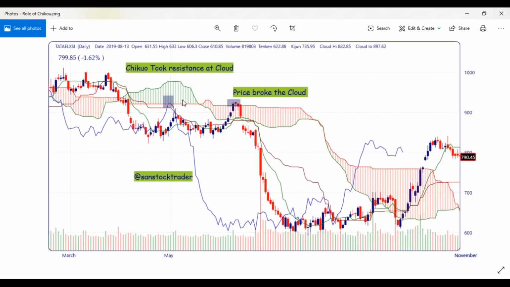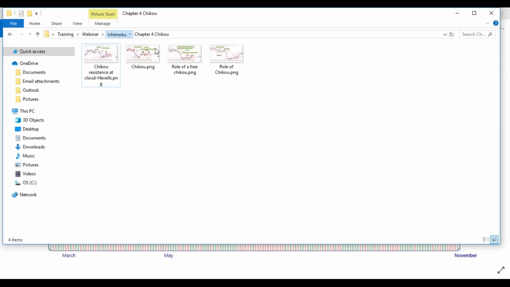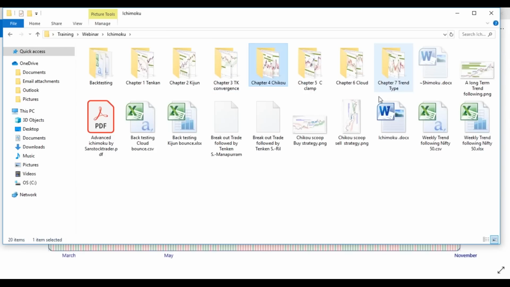One more example, rejection. Okay, so we are done with Chikou, and now let's go to the Chikou Scoop strategy.